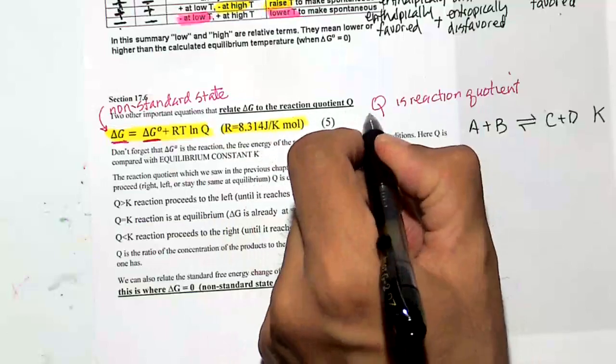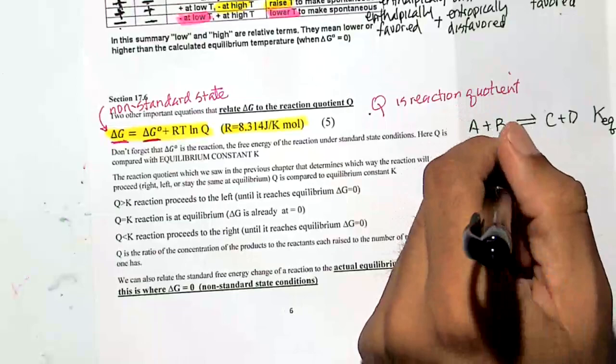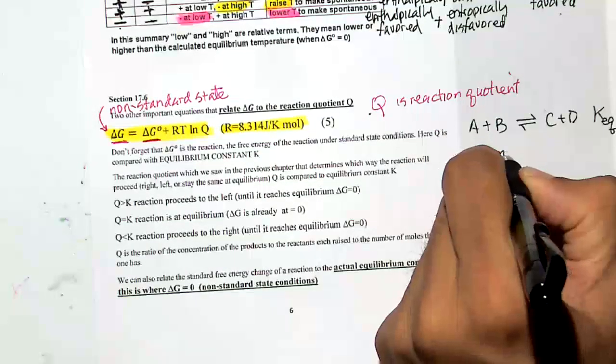Then we use this Q and compare it to the equilibrium constant K. Comparing Q to K, we can use the Gator rule in this equation.